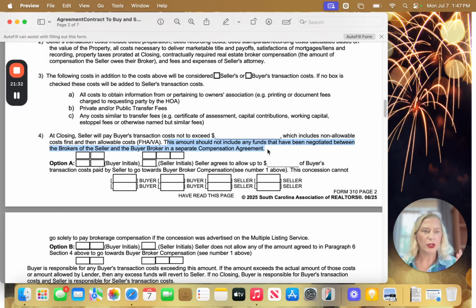You're like, okay, well, if I've got a compensation agreement, would I use this section? Yes, you're going to use this section. You're going to say, hey, look, buyer, we have an agreement at 3% on my compensation agreement with you. Okay, let me backtrack. The buyer agency agreement has 3% listed.